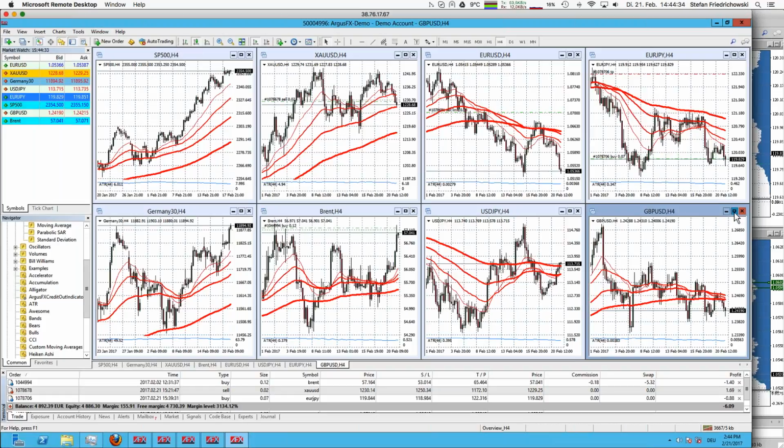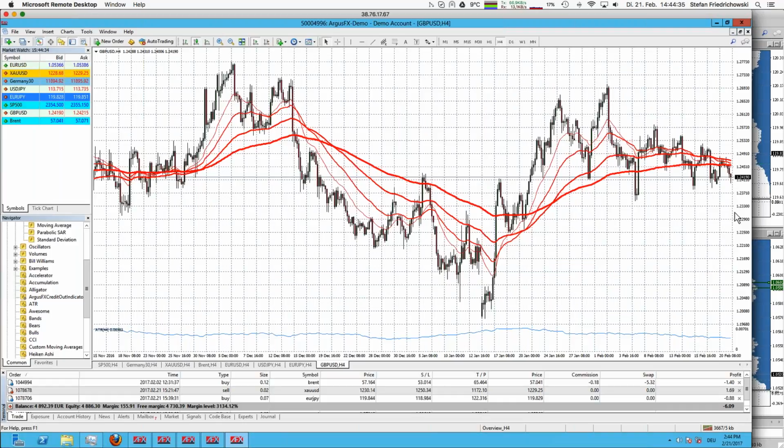Let's go back to British pound, US dollar, and see how this looks like now. Now it becomes really a little bit tricky. So you see, there has been a time a little bit upwards, there has been a time a little bit downwards, now a little bit upwards again.